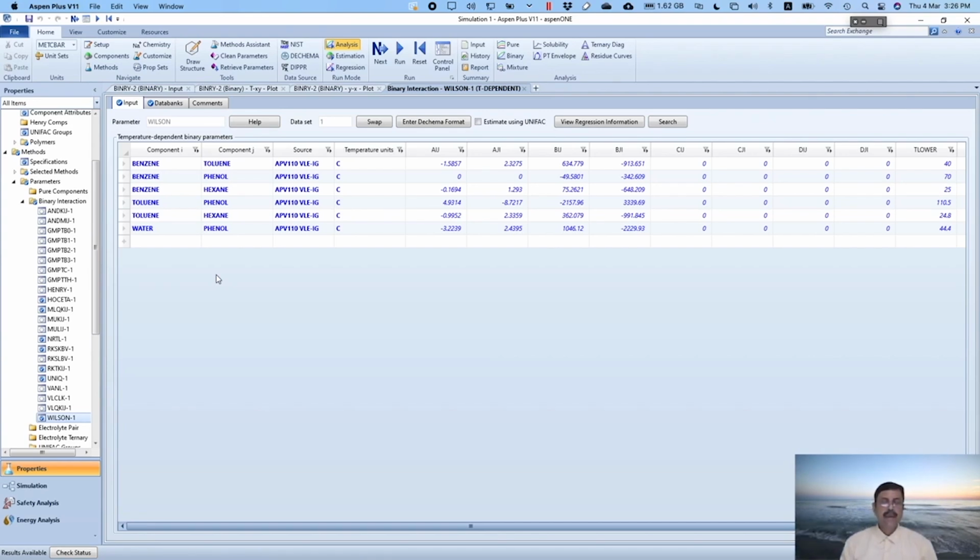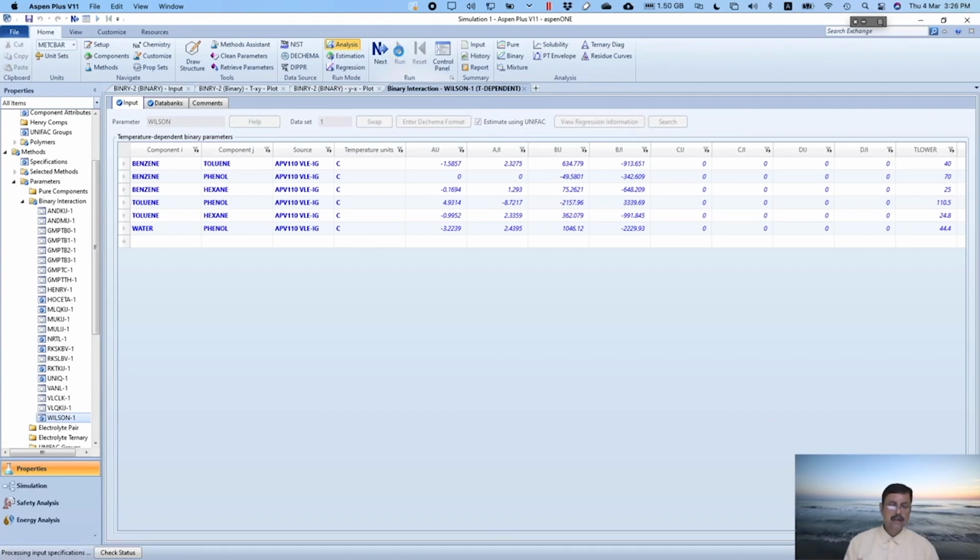But we have the option to estimate the missing parameter by ticking this one, estimate missing binary parameters using UNIFAC or other methods. So just tick it and then run. The moment you run, all the missing parameters will come.